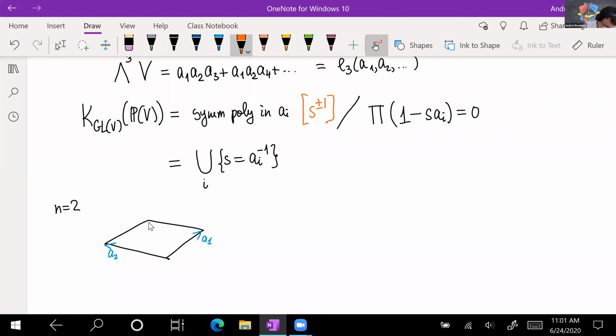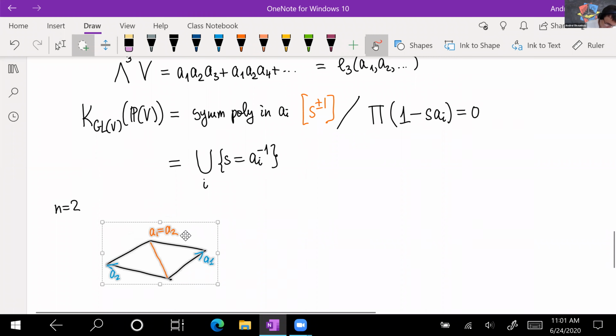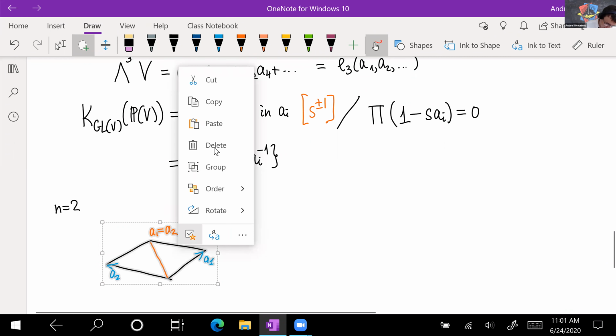And then there's a divisor where a1 equals a2, where something interesting is going to happen. And on that divisor, what is my scheme over there? That's what it's going to look like. So this is what it sits over.